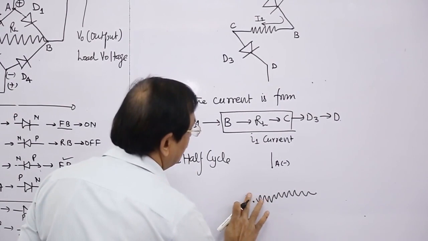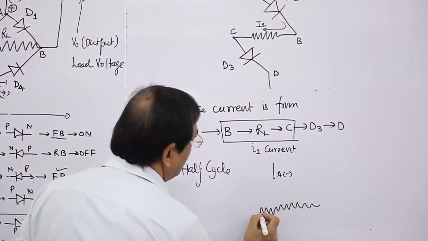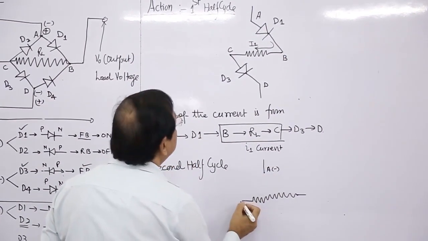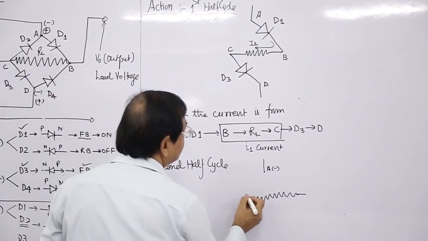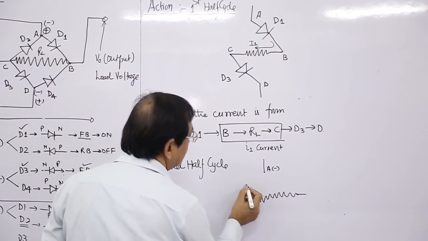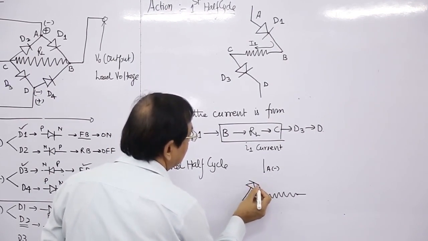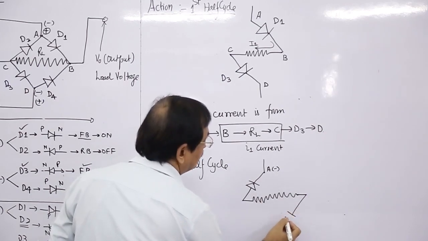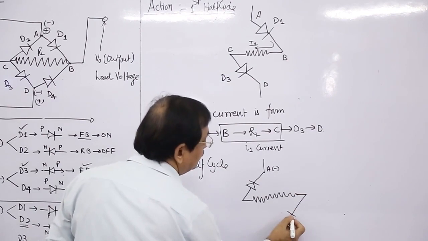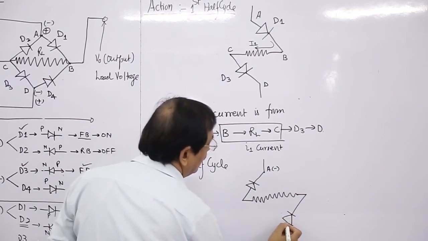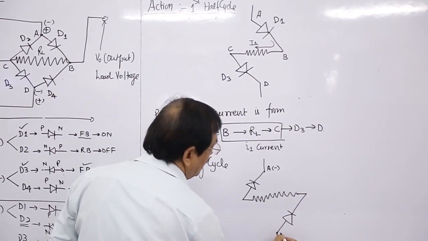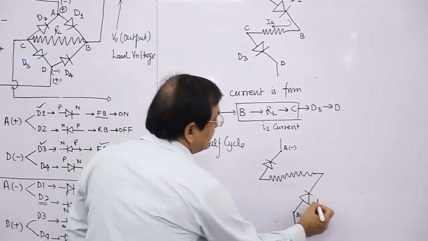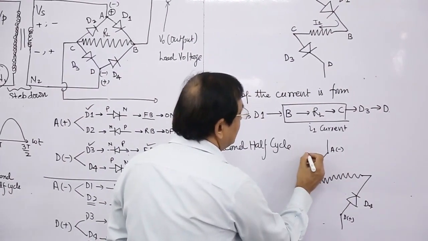This is the load. This is D3, this is D4. So D positive and A negative. This is D4 and this one is D2.